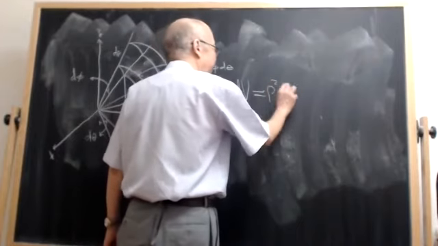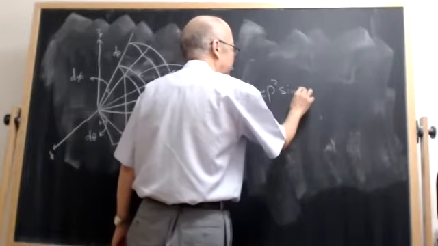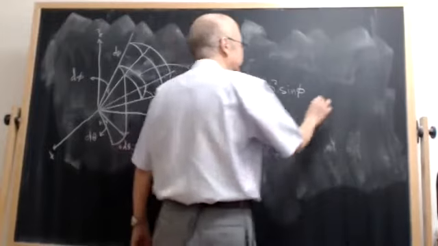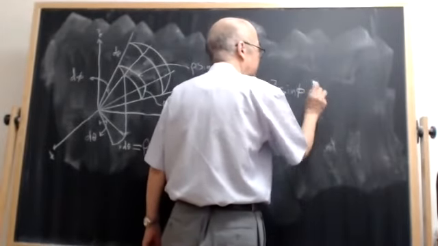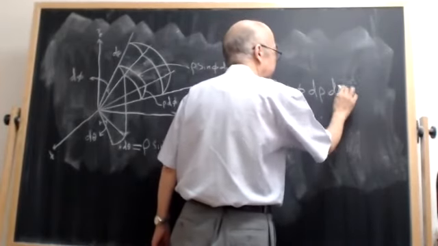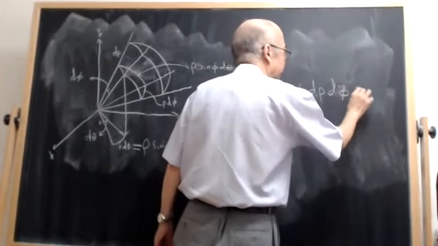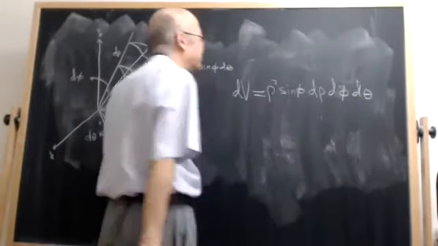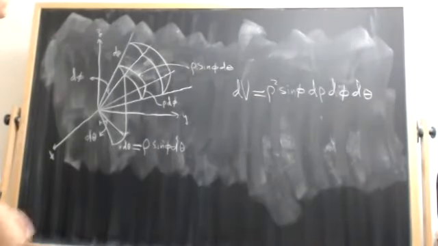So it's rho squared sine phi d rho d phi d theta. Right? That's dV.